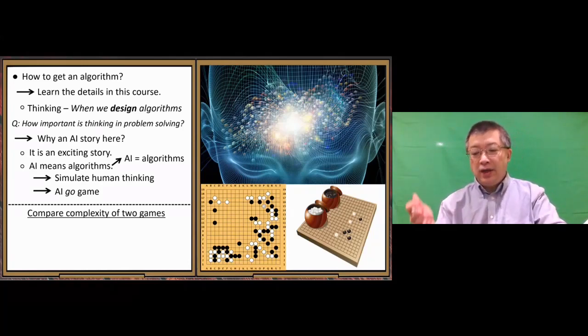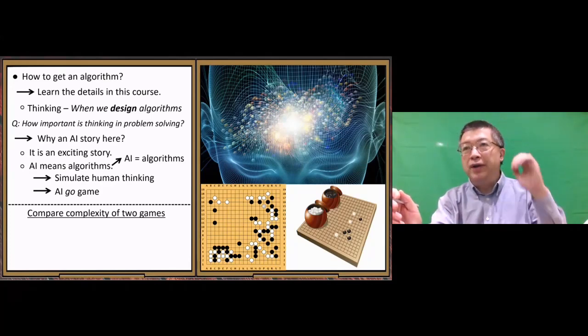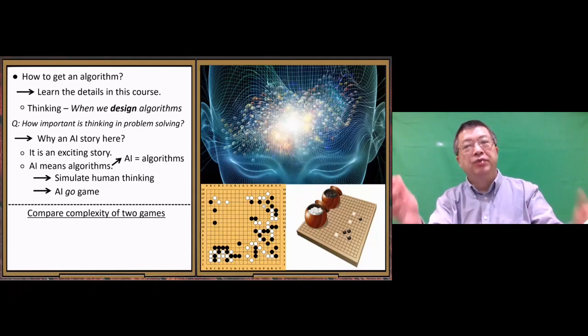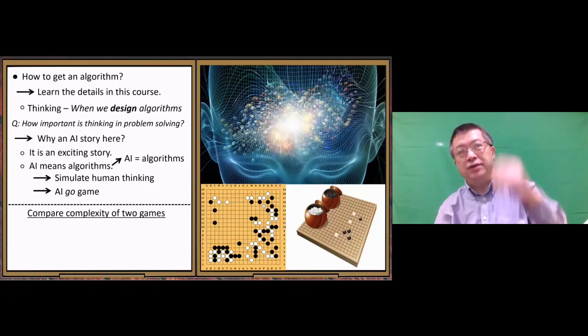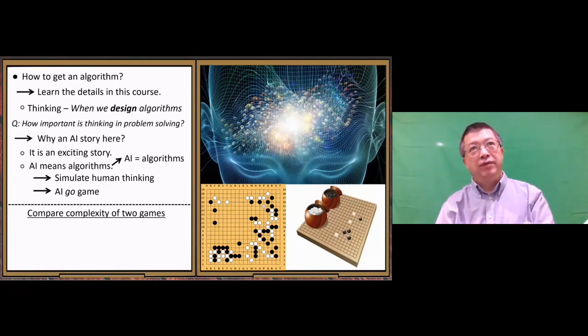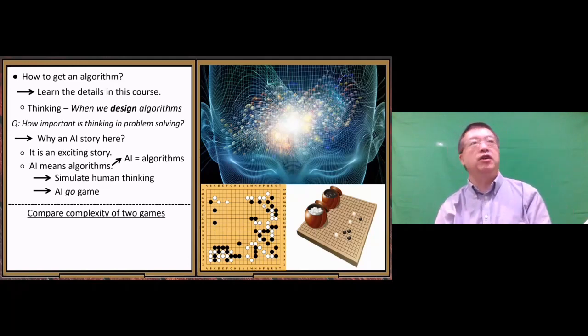And yeah, here let me say a few words about the background of the Go game. Two players. One plays black stones, another one white stones. The one with the black stones plays first, moves first.